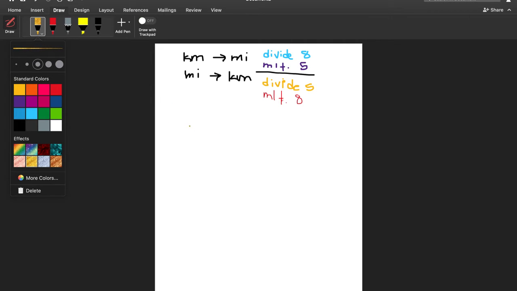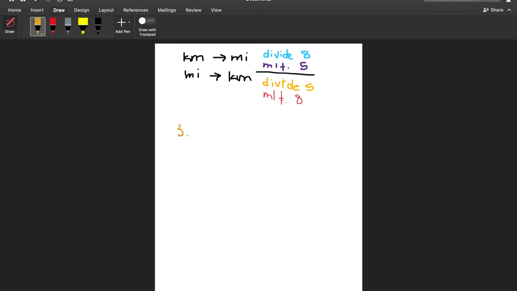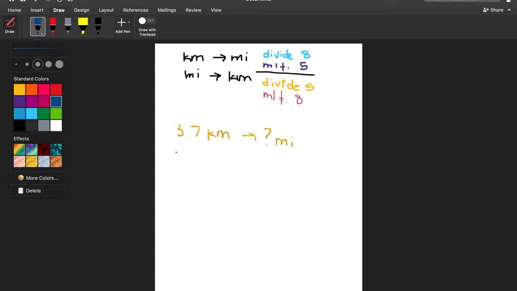So how about it asks us 3.7 kilometers to miles. How many miles? And we just have to use the simple formula. So let me change the color there.